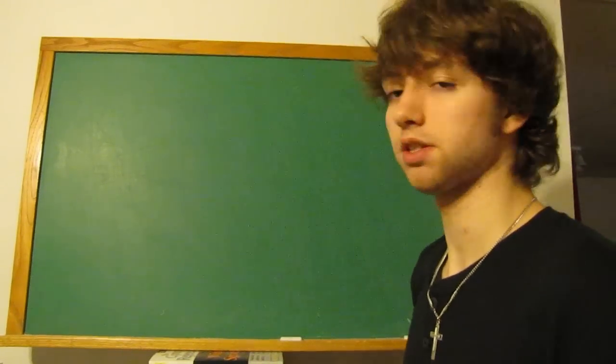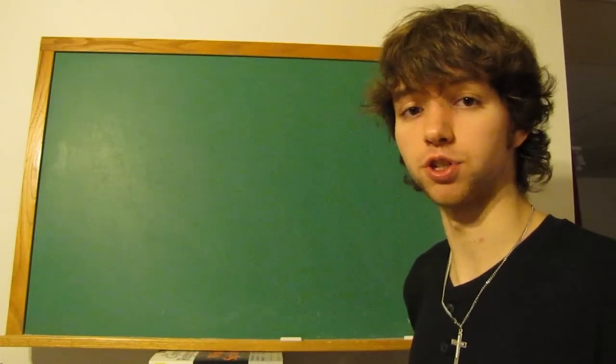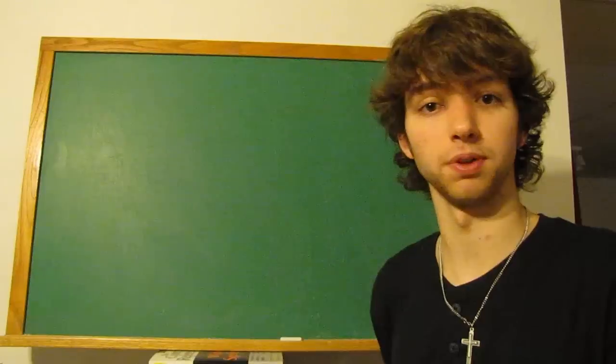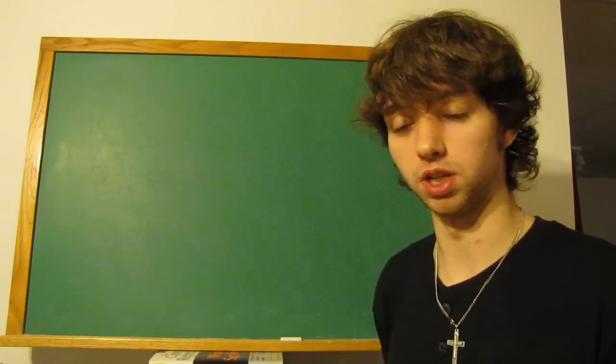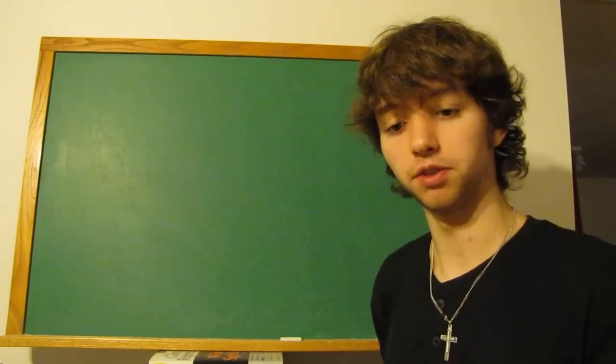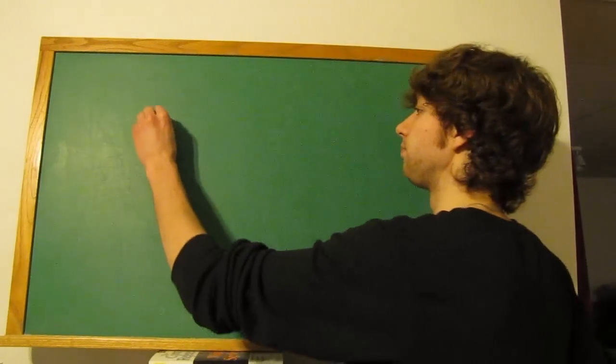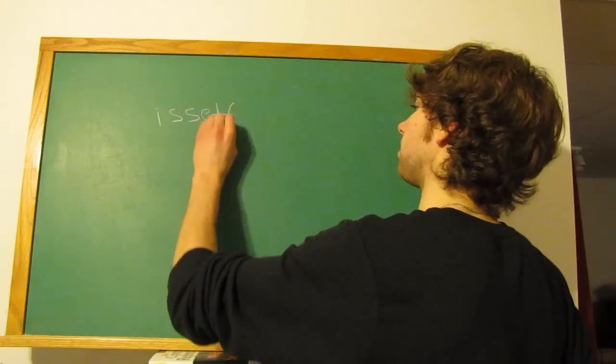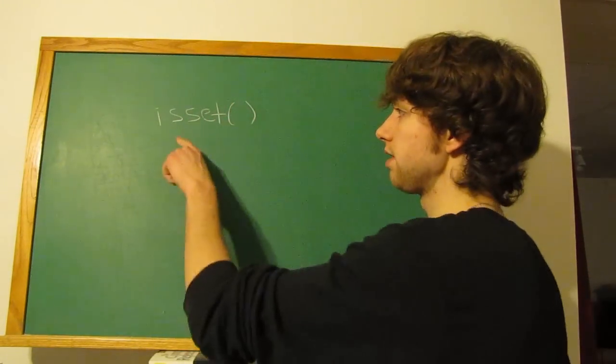Alright, so to do this, there's two main functions, which we'll get into all of the concepts of functions with this that we will be using. So there's two main functions. The first one is this, and this says isset.